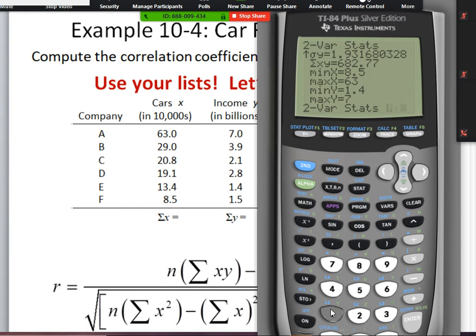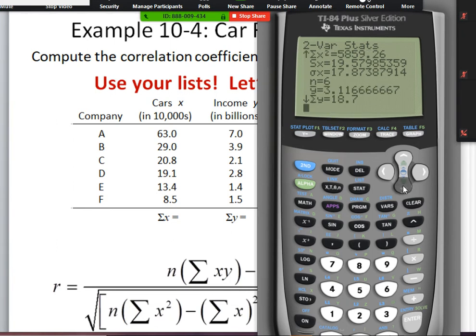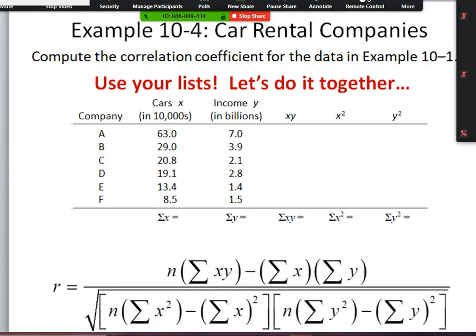Second L1, comma, second L2, enter. And then scroll down with those little arrows on the right to get everything else. Okay, good. So now we have all of our pieces.